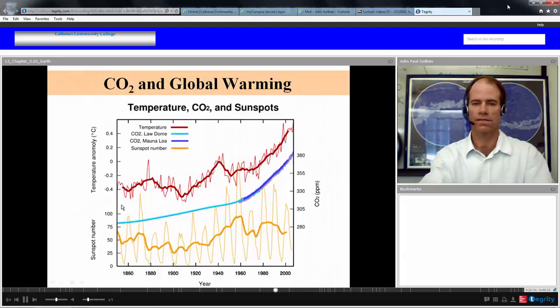Here's an excellent graph to illustrate all these effects. We have the average temperature here indicated by this red line. We have the blue line indicating carbon dioxide concentrations in the atmosphere. So there seems to be a definite correlation scientifically between carbon dioxide concentrations and the warming trend of climate change.